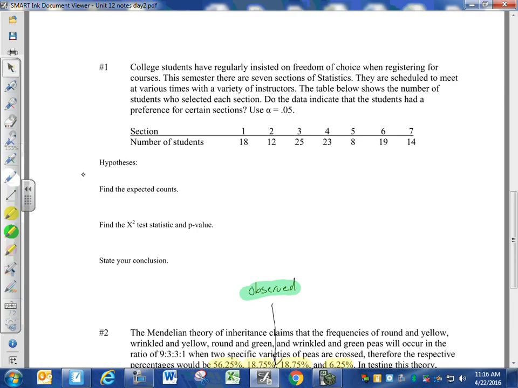Yes, number of students is the observed. Okay, so now run it. And you get 0.92 as your p-value. Categories minus 1 is degrees of freedom.